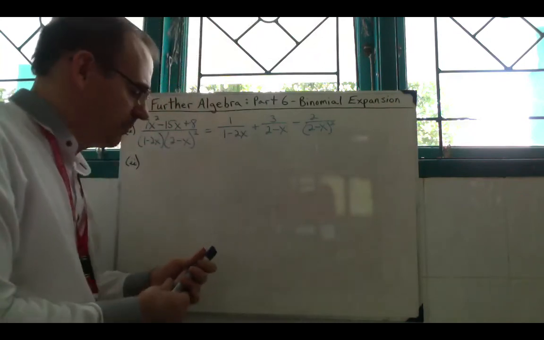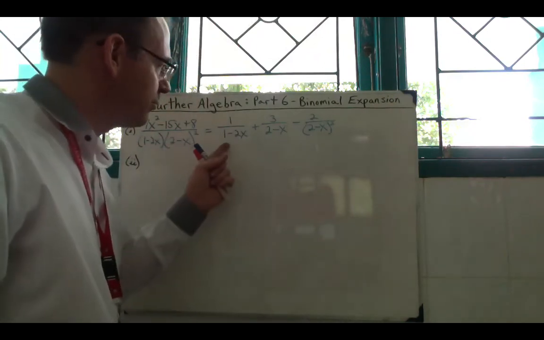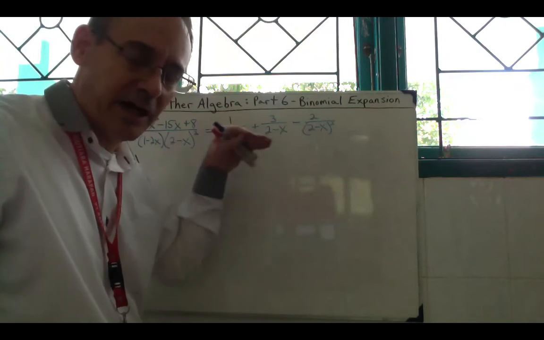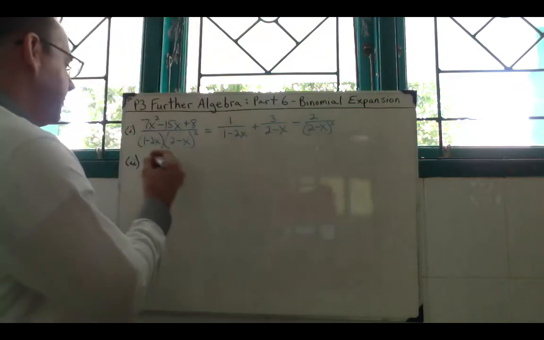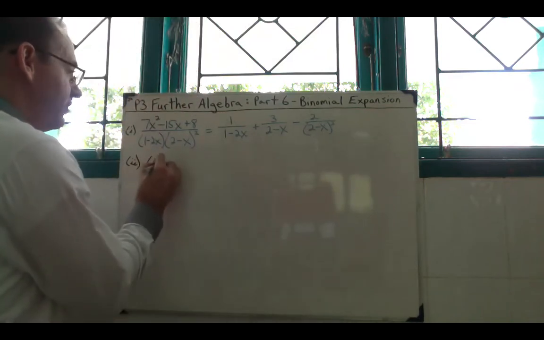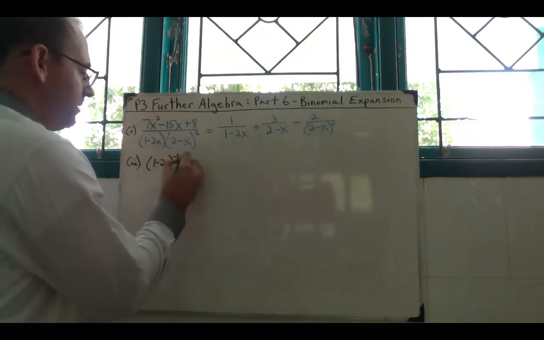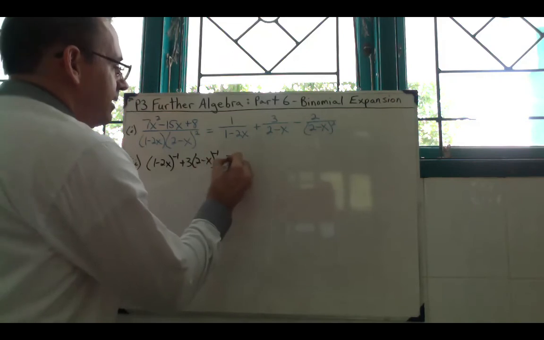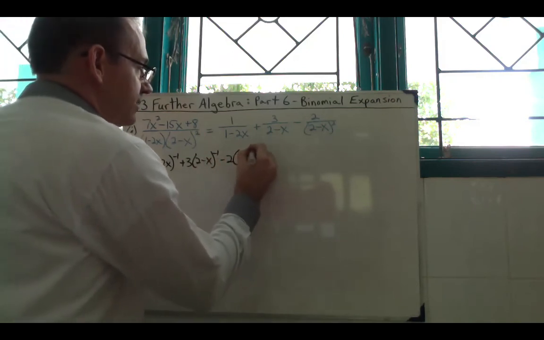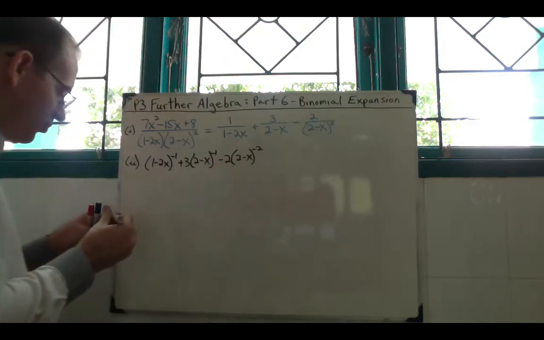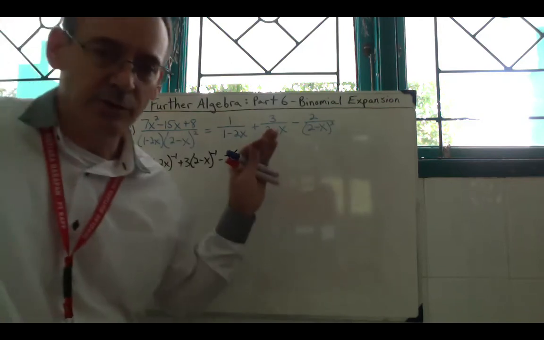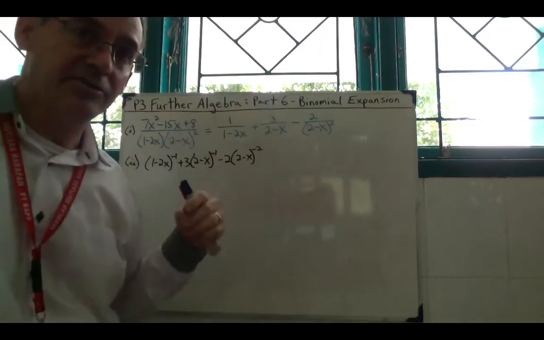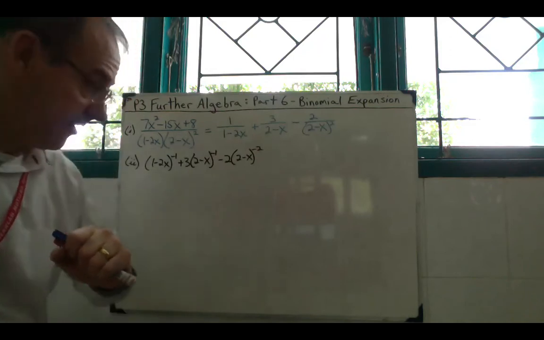So the first step that we're going to take is to bring the denominators up into the numerator. So we get 1 minus 2x to the negative 1 plus 3 times 2 minus x to the negative 1 minus 2 times 2 minus x to the negative 2. So step number 1 was bringing all the denominators up into the numerator.